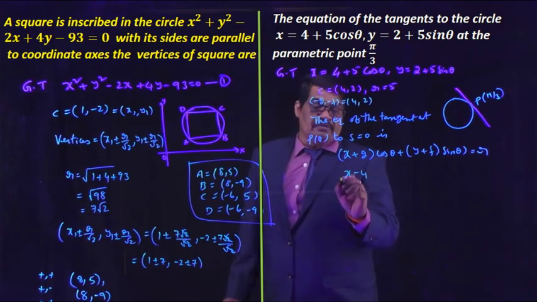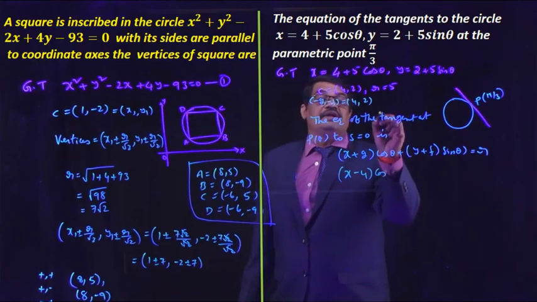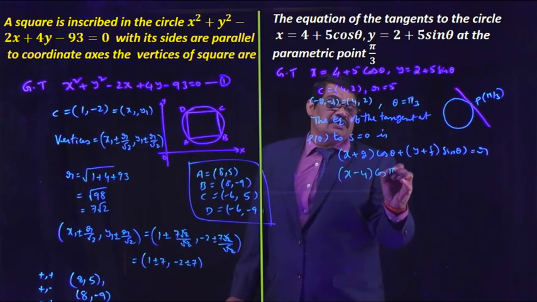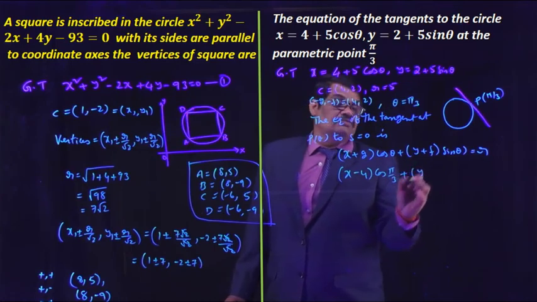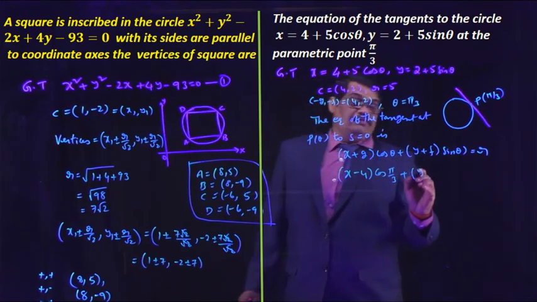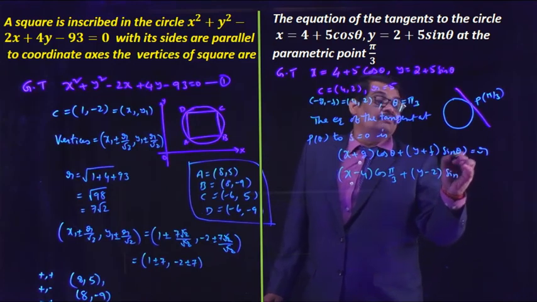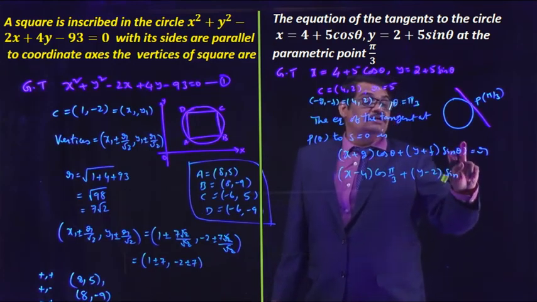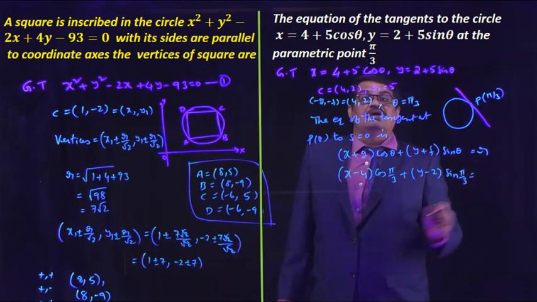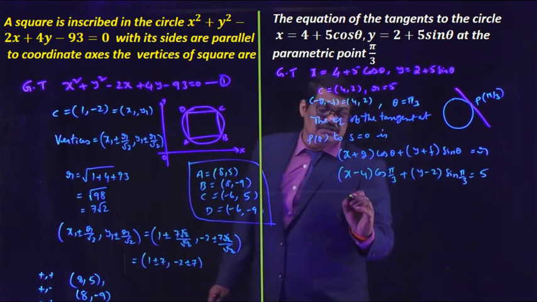So x minus 4, cos theta, and theta is given pi by 3, so cos pi by 3, plus y plus f. What is f here? Minus f is equal to minus 2. y minus 2, sin theta, theta is pi by 3, is equal to r. What is the radius of the circle? 5. Now we have to substitute. Then this is the equation.